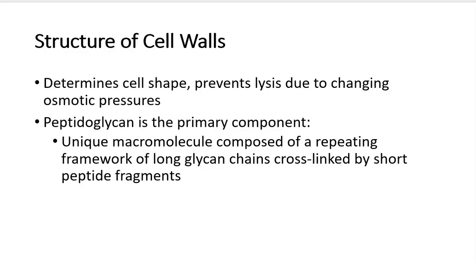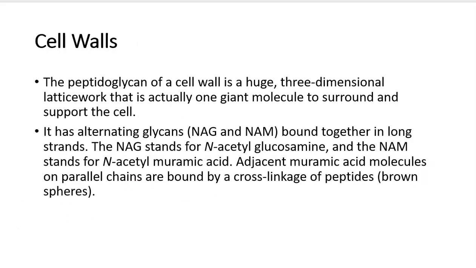So if you have an organism that is a prokaryotic cell and it has peptidoglycan, it's a bacteria. That's how we classify it. And if it doesn't, it's something else. Okay, so this is a macromolecule, a repeating framework of these sugar chains cross-linked with proteins. And I'll show you that in a second.